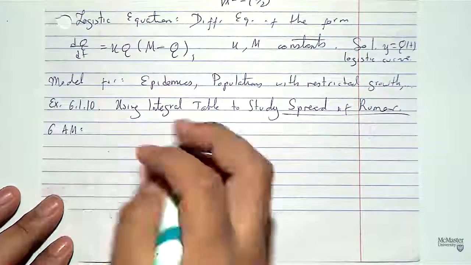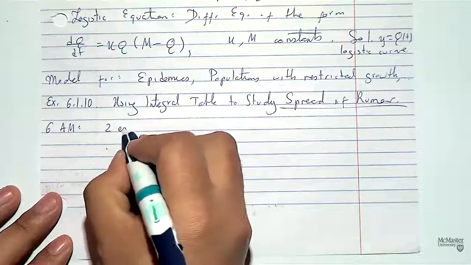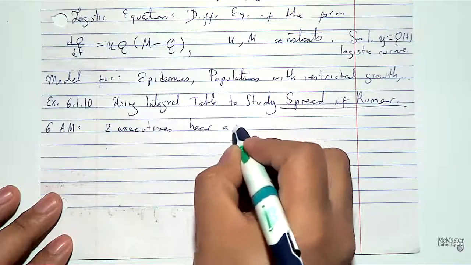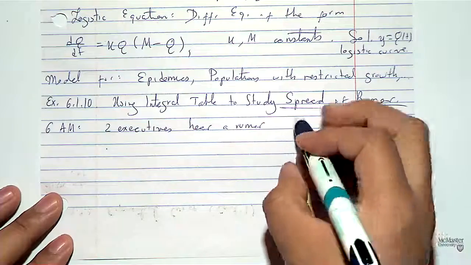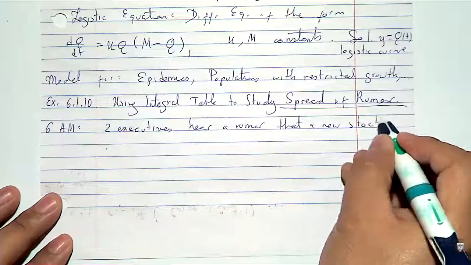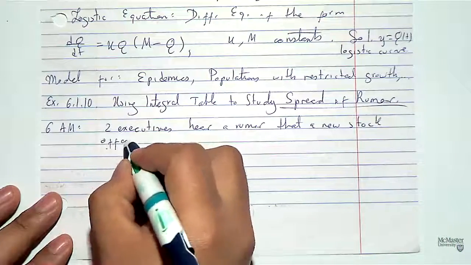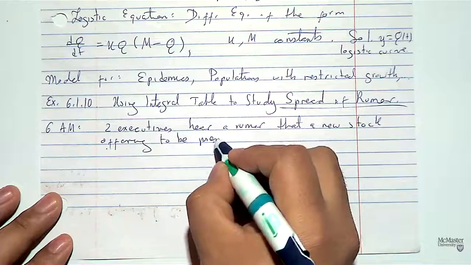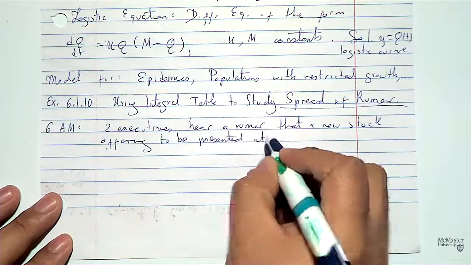So the information of the problem is that at 6 a.m., two executives hear a rumor that a new stock offering is to be presented at noon.